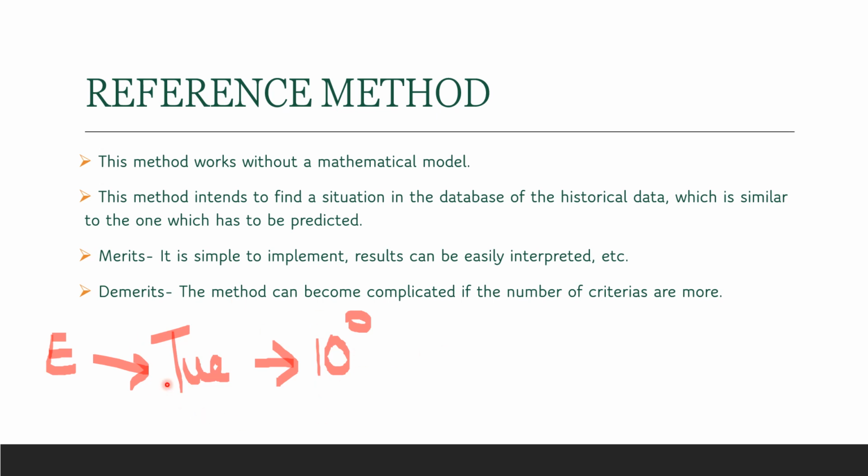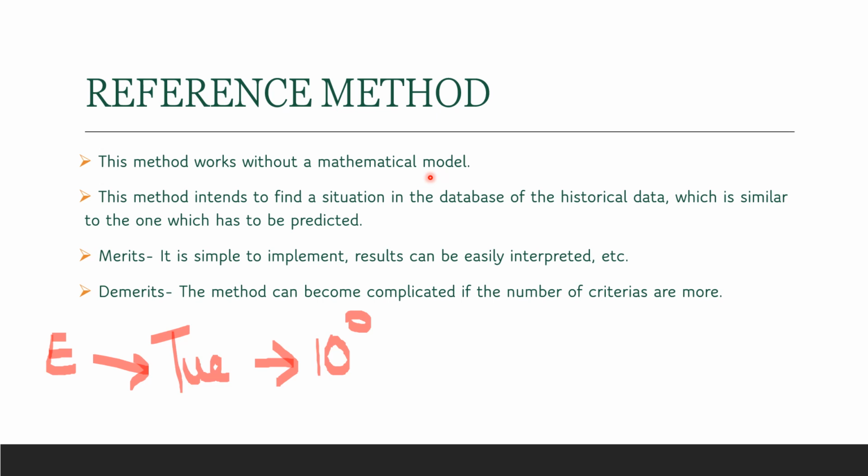This method works without a mathematical model. The pure form of the reference method works without a mathematical model, because we're just referring to the past data and then forecasting.